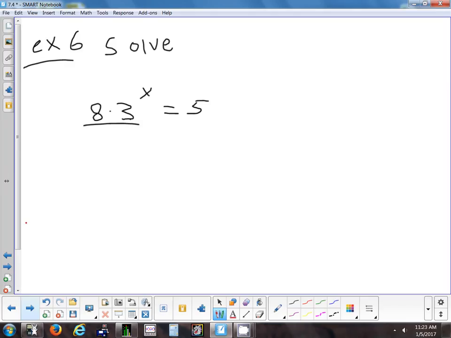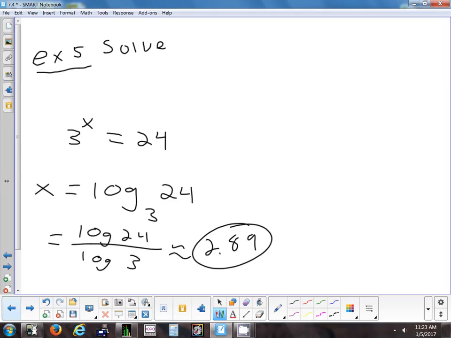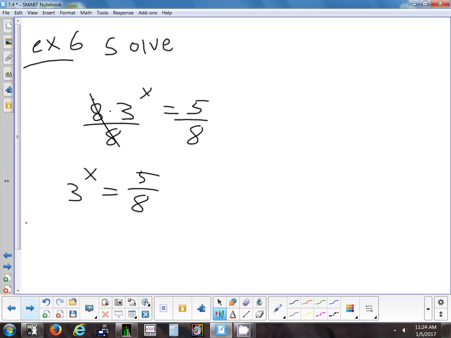Yeah, divide both sides by 8. That's going to cancel that. And now you have a number to a power equals a number, just like this one. Any questions on how you'd finish this one off from here? No? Okay, so I'll leave that one for you.